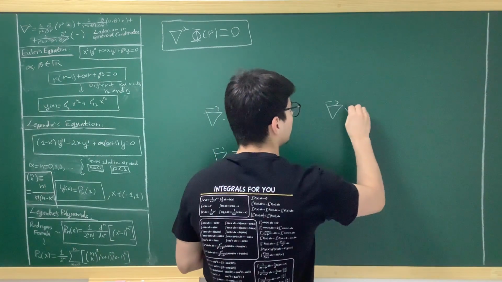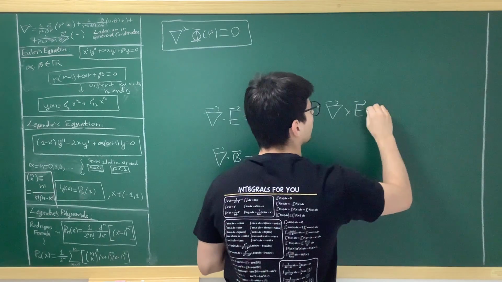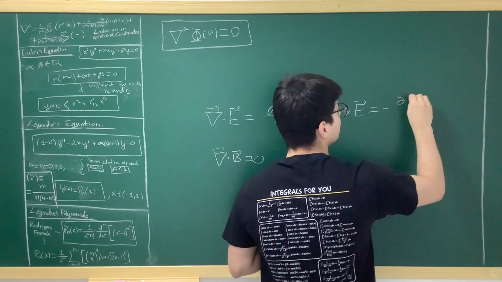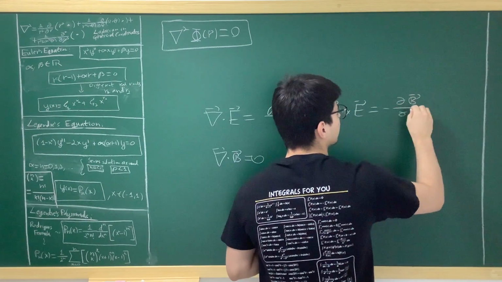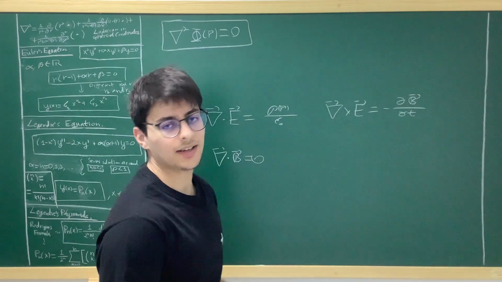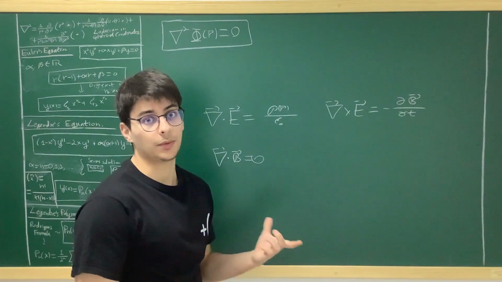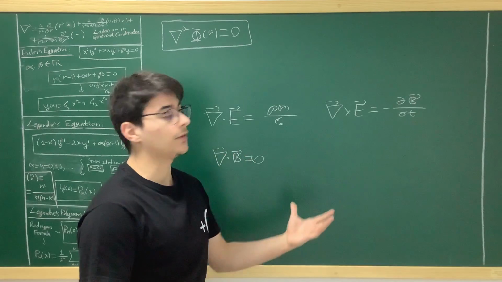Now if we take the curl, this is just the usual Faraday-Lenz law. The curl of E is just negative the partial derivative with respect to time of the magnetic field.